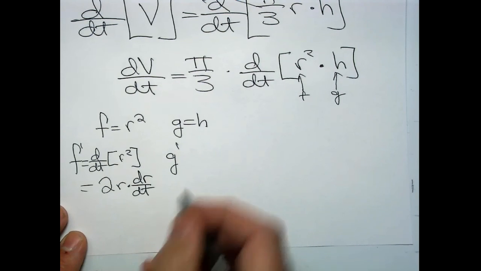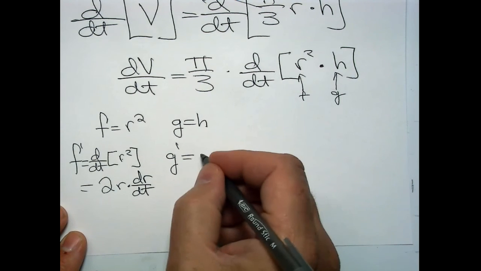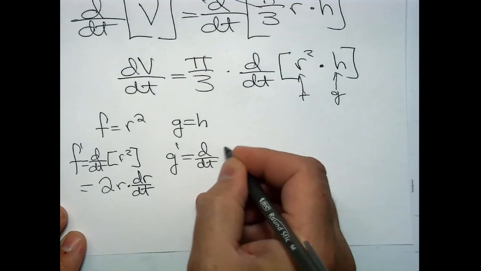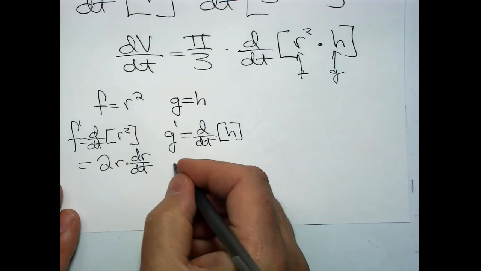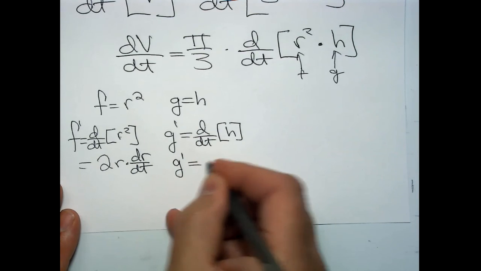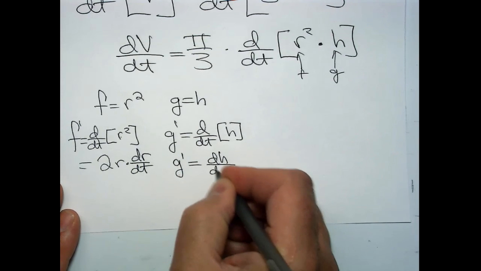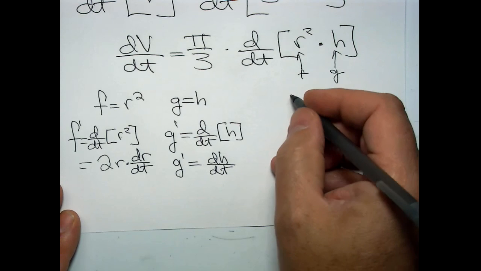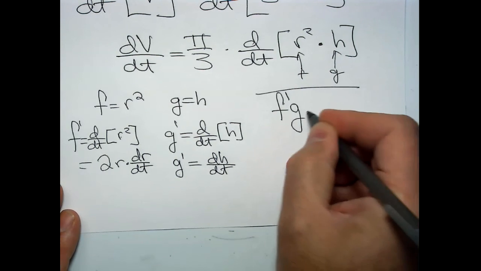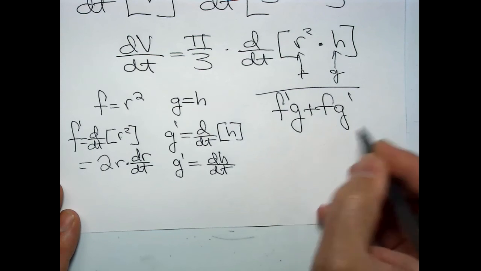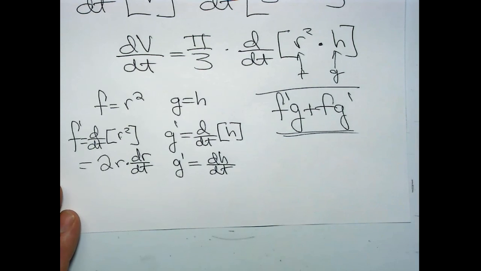Good, because we need one of those. g prime is a d/dt on my h variable. I think you know what g prime would be. It's just dh/dt all by itself. Also, product rule clearly states that the derivative is f prime g plus f g prime, right? So we have to do all that too.